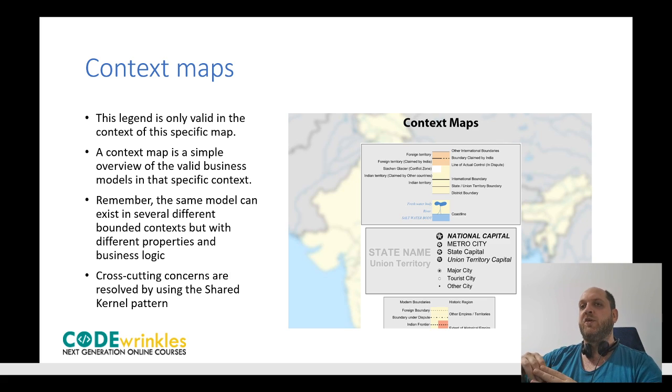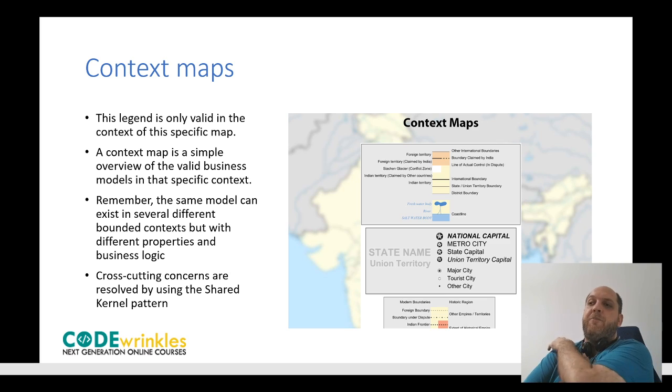If I go over to another context map that describes a different context, then I see that I have a class that is called the same, but in this context, this class has these properties and this type of behavior, which could be totally different from the other one. Of course, there might also be some overlaps, but overall, in those two different contexts, those classes and subsequently objects created from those classes will have different sets of properties and different behavior.